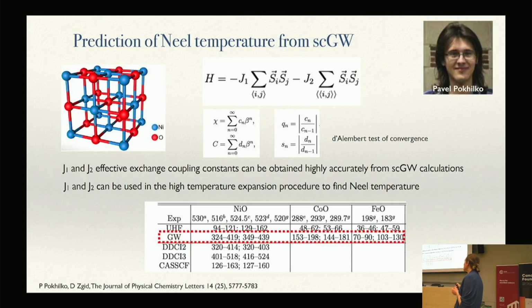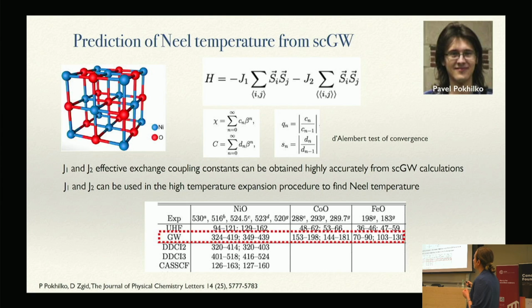And we know that this result is quite accurate because for nickel oxide, one can predict this temperature based on finite size clusters. And DDCI, which is some sort of active space CAS with double excitations outside, gives a result comparable to GW. So how is this done? We do the GW on the whole solid.